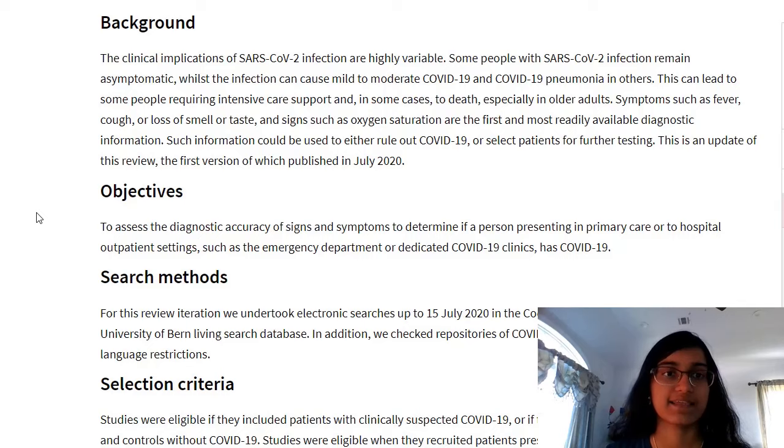They do say that the clinical implications of SARS-CoV-2 are highly variable, and some people with the infection don't have any symptoms at all, while others can have mild to moderate symptoms and pneumonia. And then they give some examples of what some symptoms might be, like fever, cough, loss of smell or taste, signs of oxygen saturation, and these are some things that are easier to diagnose. So these are some of the things they're most likely going to be looking at throughout the study.